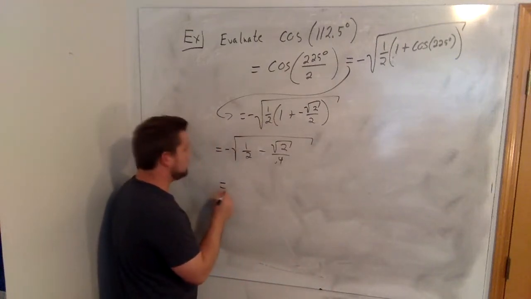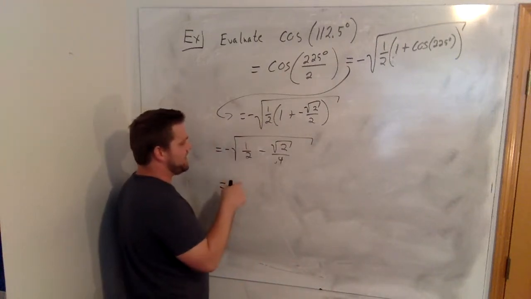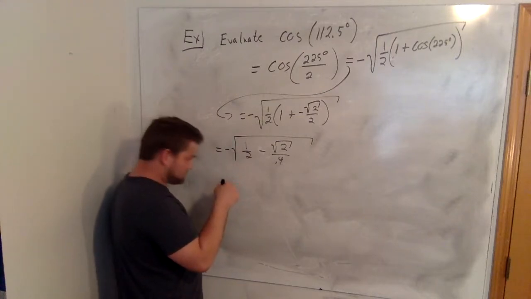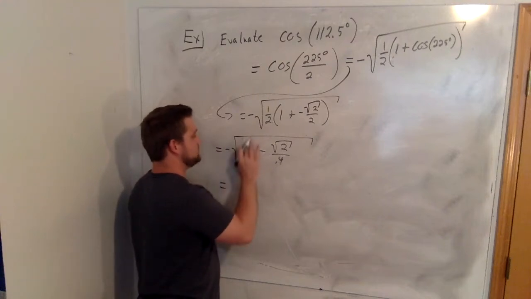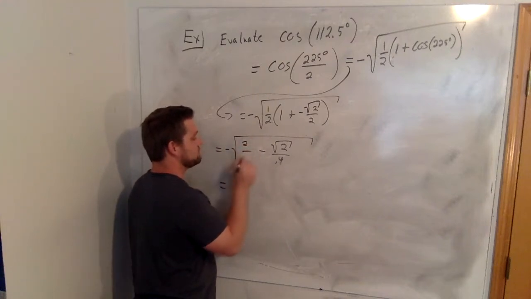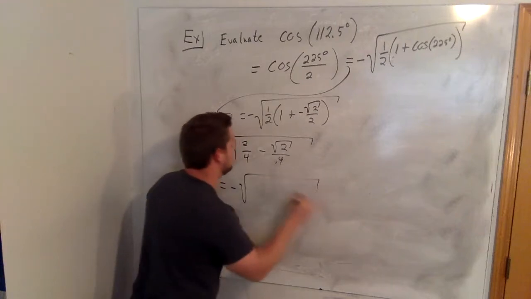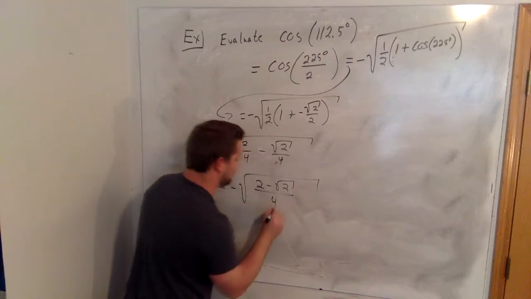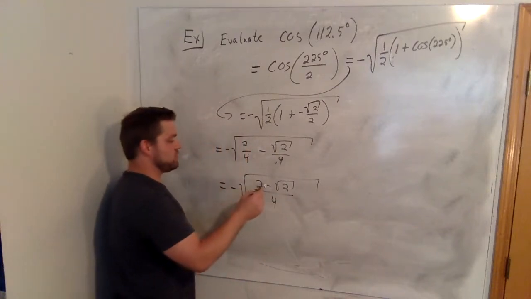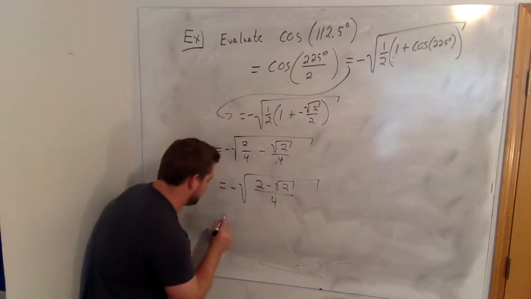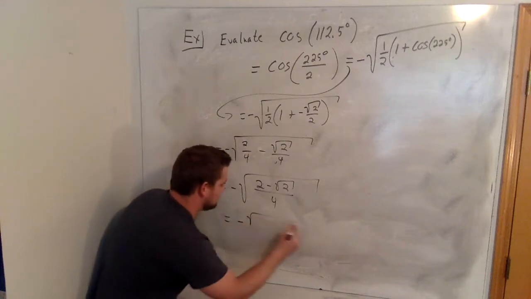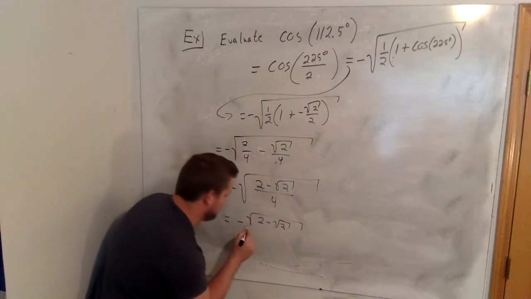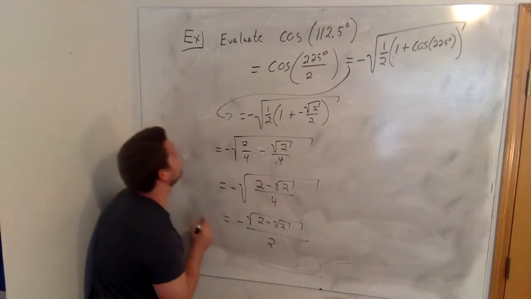Instead of 1/2, let's write it as 2/4. So then we'll have the negative square root of 2 minus root 2 all over 4. We can distribute the square root to the numerator and denominator. So this is equivalent to a negative square root of 2 minus root 2 all over the square root of 4, which is 2. And this is the answer.